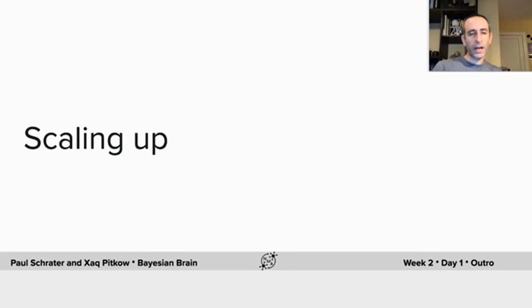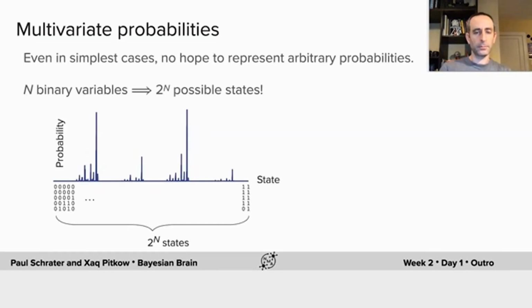Now, going from Gaussians of 1 or 2 variables to larger problems can be quite challenging. So we have to think about how to scale up our ability to think about probabilistic reasoning. We can see the problem even in simple cases where we have binary variables.